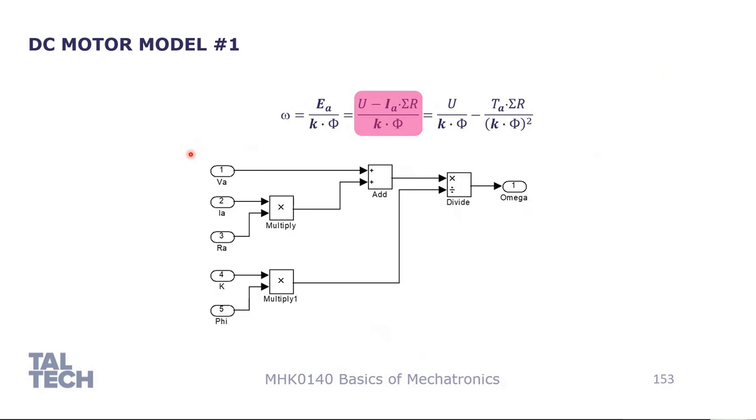In this example, we don't have any variables, only constants. The armature voltage is a constant. This is the armature current.